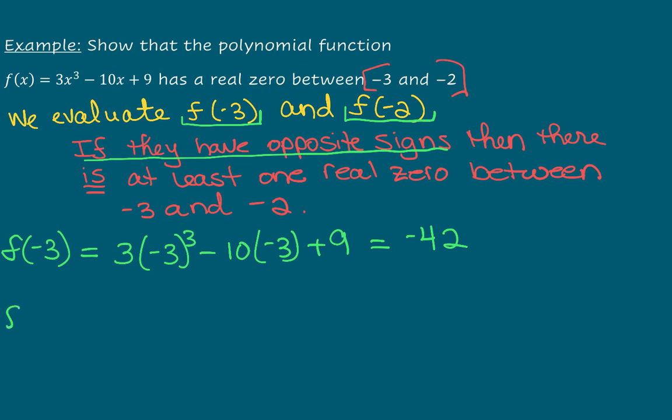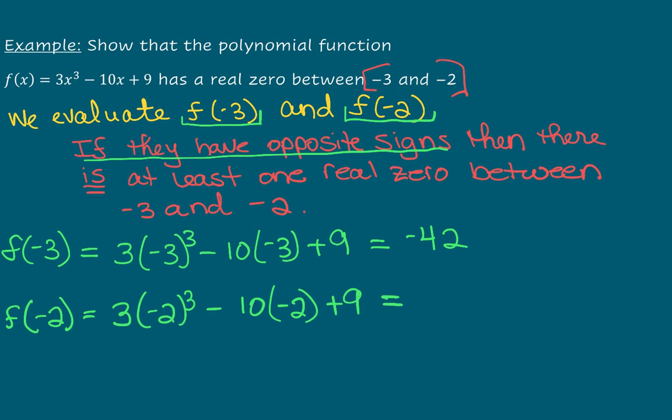I'm also going to do f of negative 2. And I do 3 times negative 2 cubed minus 10 times negative 2 plus 9. Plug that into my calculator or do it in your head, however you would like to do it, and I should end up with 5. So in the first one, I have a negative result, and in the second one, I have a positive result.